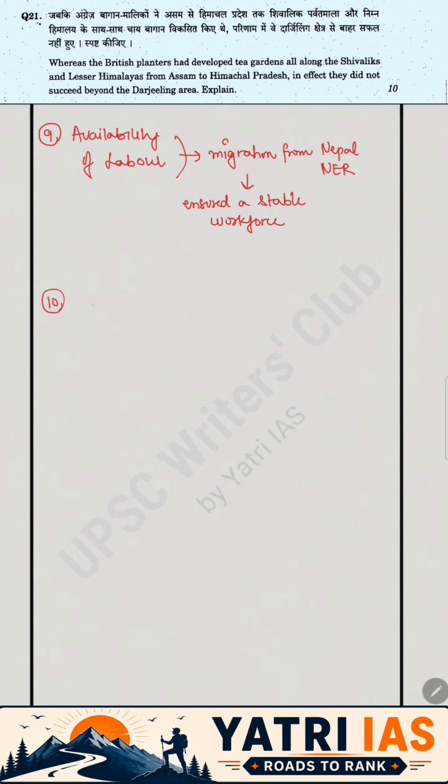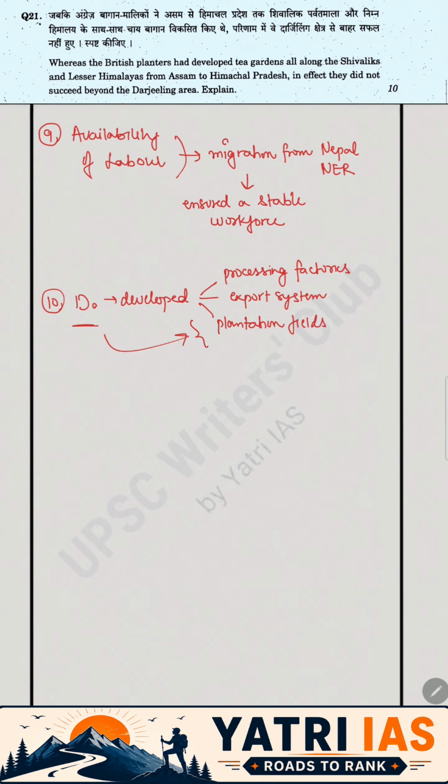Then you could also mention Darjeeling developed other major industries for the success of tea plantation, such as processing factories, export system, plantation fields, while other regions lack this wholesome approach.